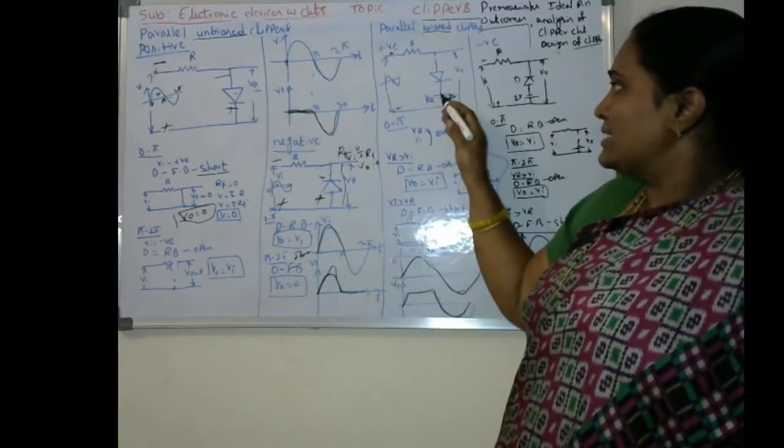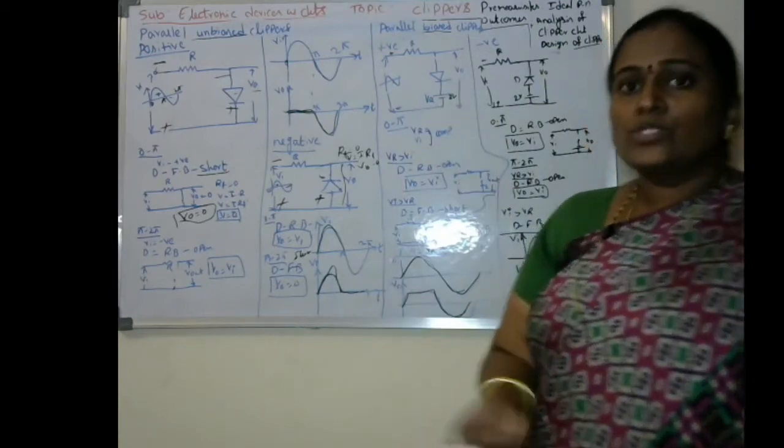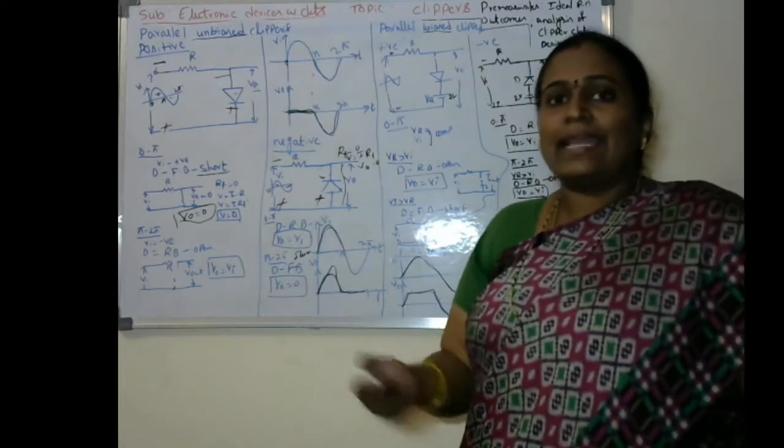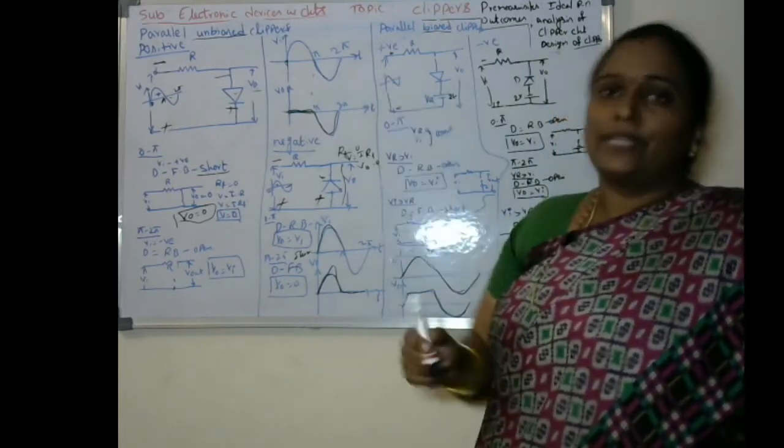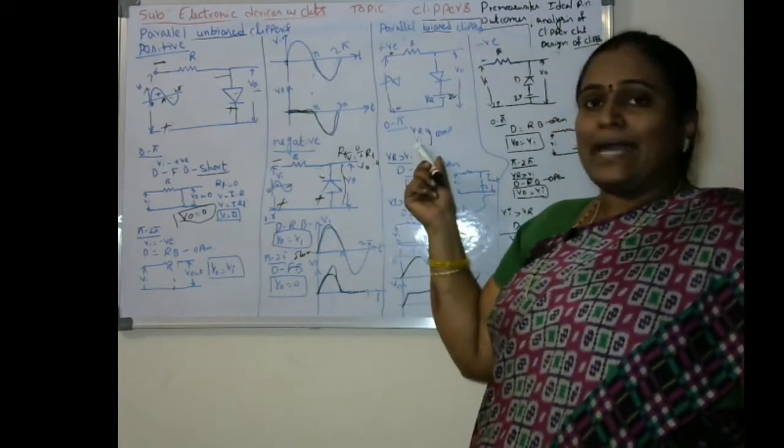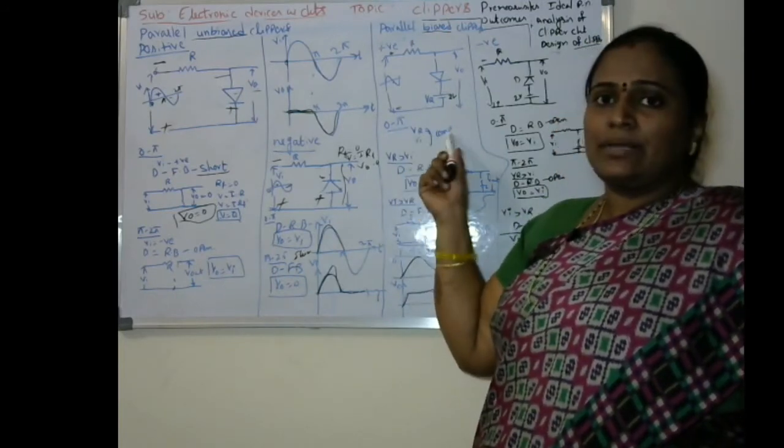The reference is connected at a positive level. So in this case we have to analyze which one is the dominating one and which is the non-dominating one. So we have to compare VR and Vi.